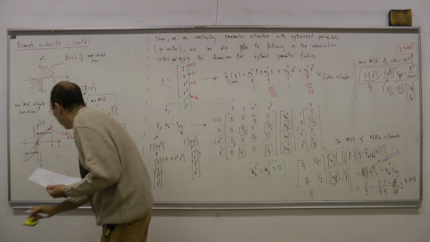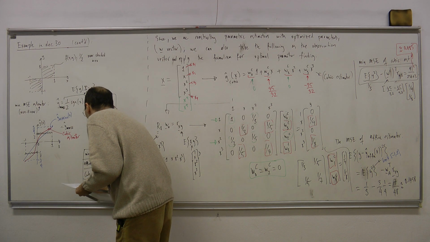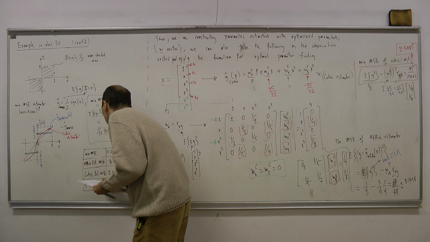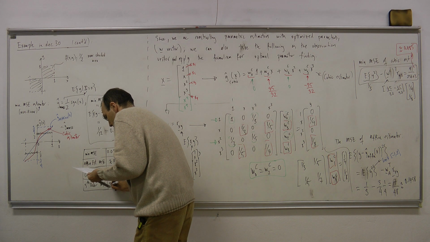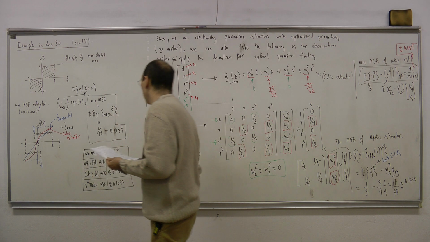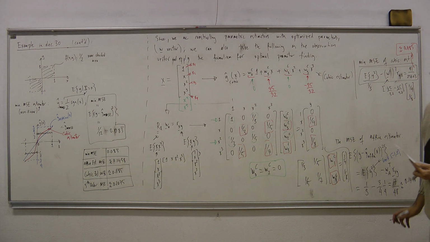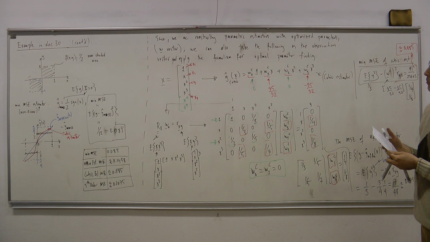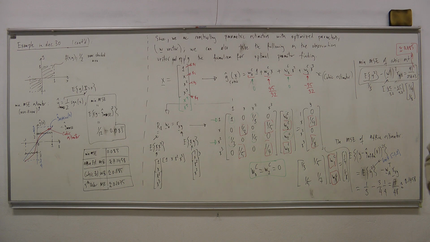So for the 5th order case, this is what's called the 5th order estimator, let's say. For the 5th order estimator, the MSE I get is 0.1075. I can repeat this.